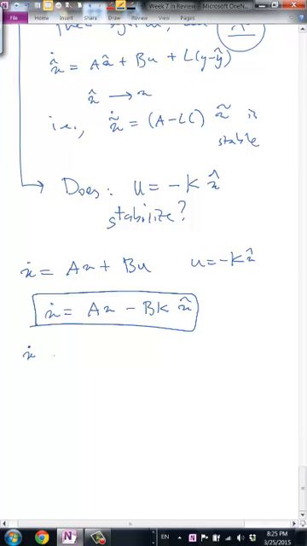Now, note that X tilde is equal to X minus X hat, and therefore X hat is equal to X minus X tilde.